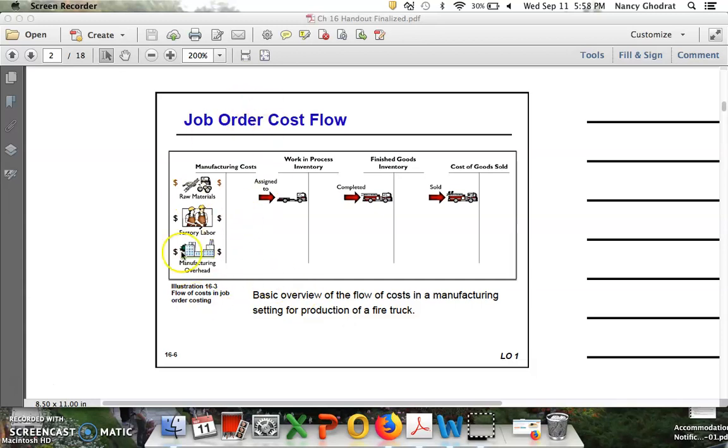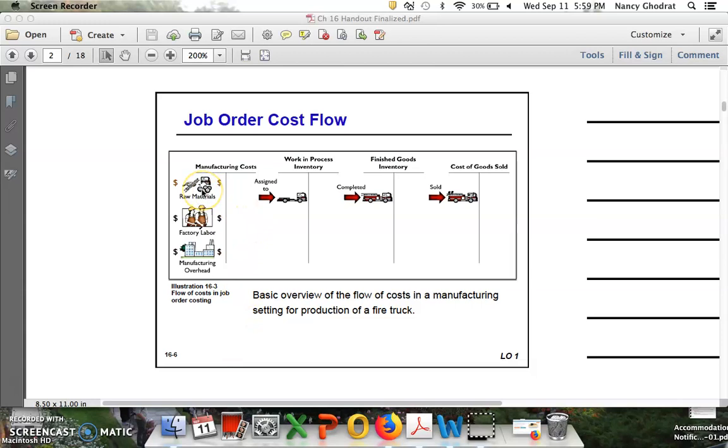The manufacturing cost, as we learned in the previous chapter, includes raw material, factory labor, and manufacturing overhead. We're going to keep track of these costs in 3 separate accounts, so they have their own account. Even though we put them in here in one T account, actually they have their own T account for each one of those costs.